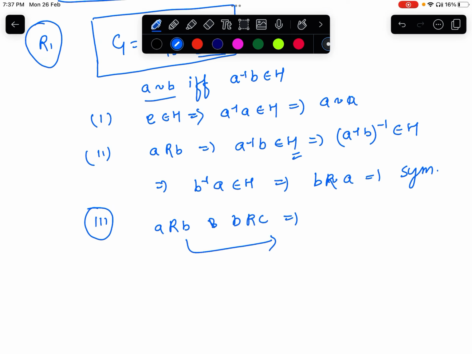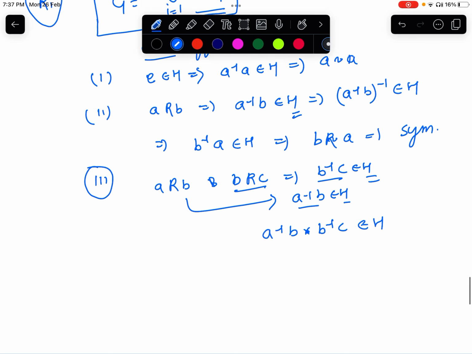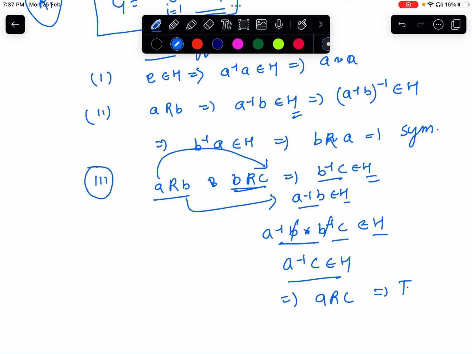This implies that a inverse b belongs to H, and b inverse c belongs to H. Multiply both of these, then a inverse b into b inverse c belongs to H, since by the closure property H is a subgroup, so the product of both these will belong to H. That means b will be cancelled out. a inverse c belongs to H. This means a is related to c. We assumed that a is related to b, b is related to c, then a is related to c. This means it is transitive.